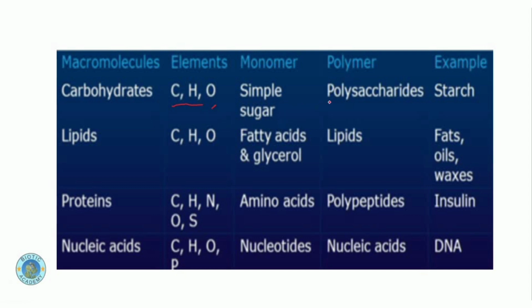So polysaccharides are like this and simple sugar is like this, a simple unit which is formed in the body of the living organism after the process of digestion.